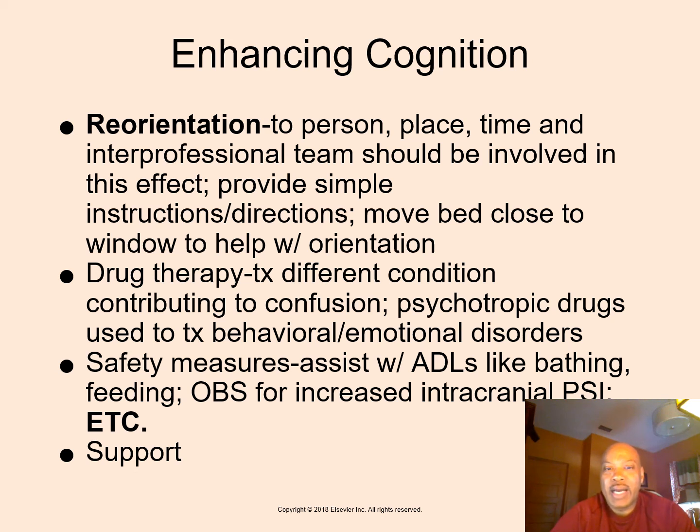You should be providing simple instructions and directions so that they're better able to follow them. We want to also move the patient's bed close to a window if possible, because this will also help with their orientation status. Drug therapy is also used to treat different conditions contributing to confusion.